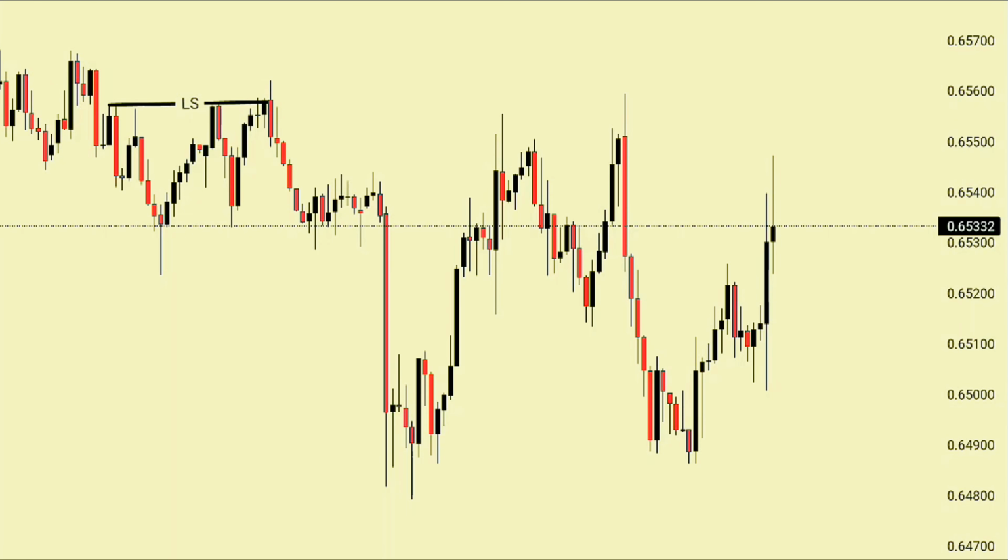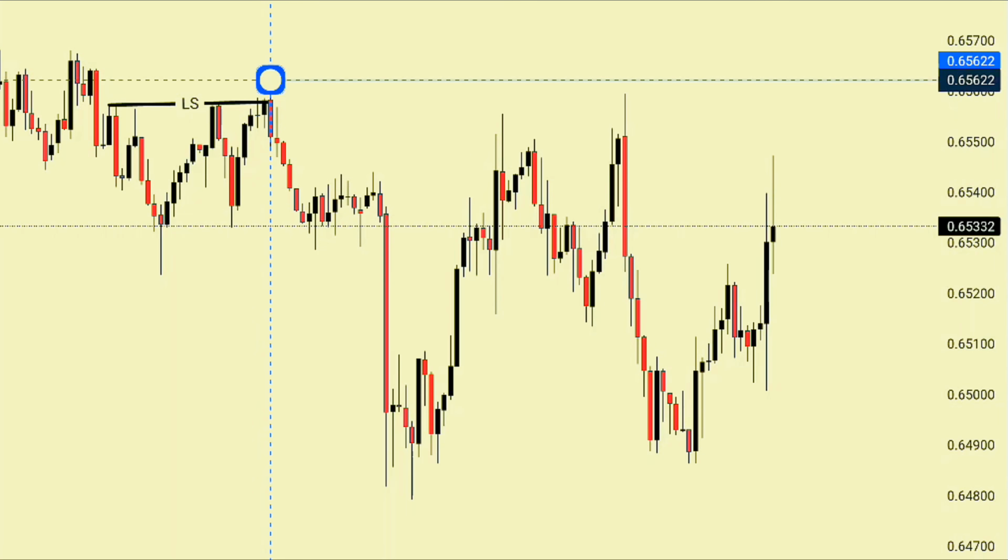Watch how price pushes above those highs, not to continue trending, but simply to grab that liquidity. You'll see a quick wick or rejection right after the sweep. This is important because a liquidity sweep is the market's way of saying, okay, we've collected the orders we needed, now we can move the other way. This gives us the first clue that a potential reversal or bearish move is coming.